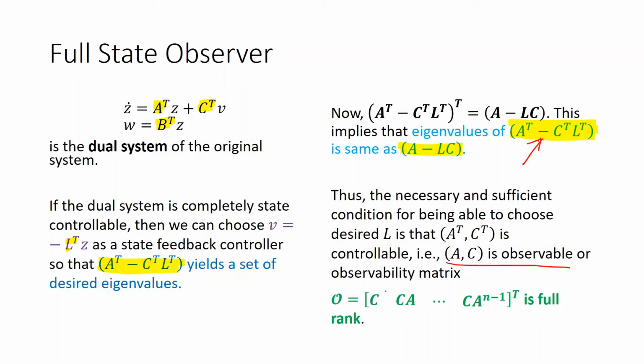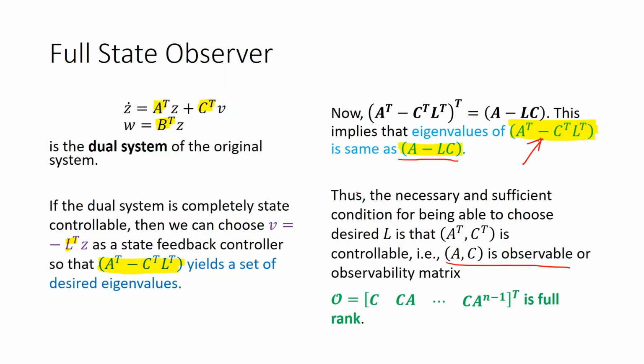So if AC is observable, then I will be able to choose an observer gain L so that I can place the eigenvalues of A minus LC in desired locations. So that is fine. I have my AC observable.